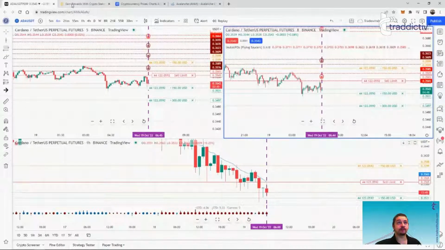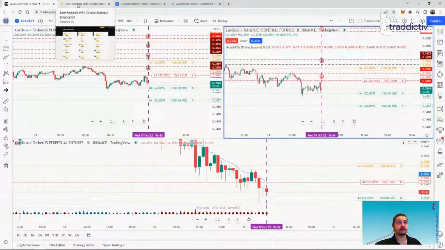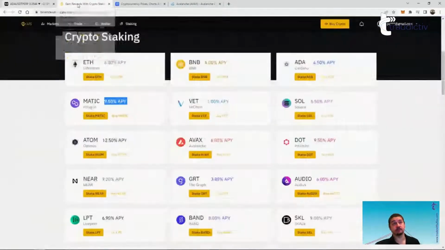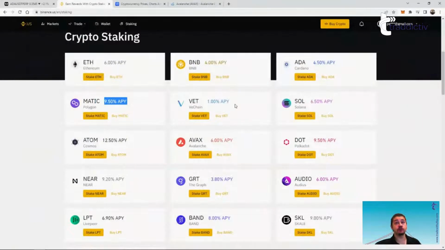Let's see if we can potentially find another setup. Obviously, for staking, it goes without saying, but you need to own the underlying asset, meaning you have to buy it at 1-to-1. There's no buying it at leverage, at least not with Binance US.